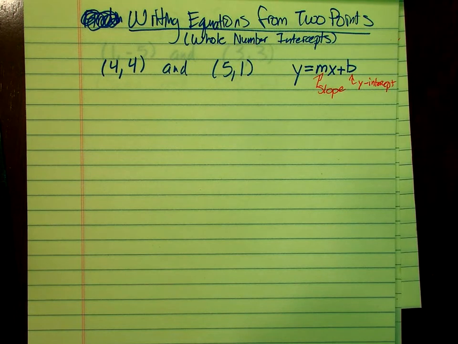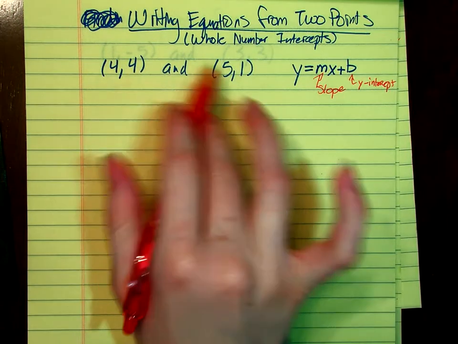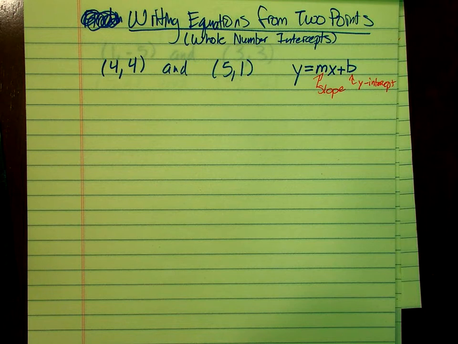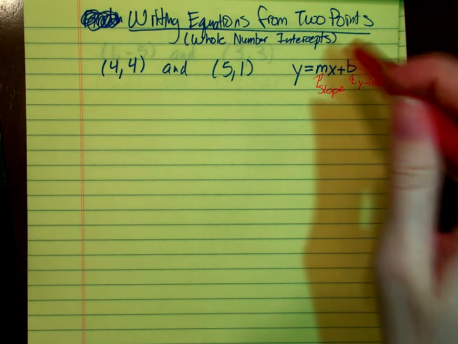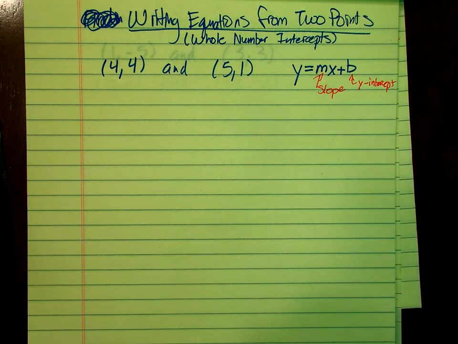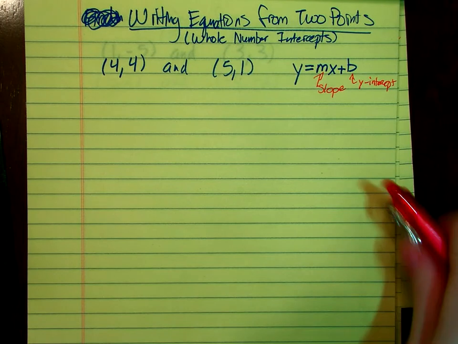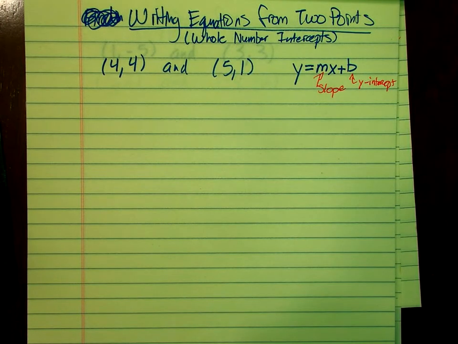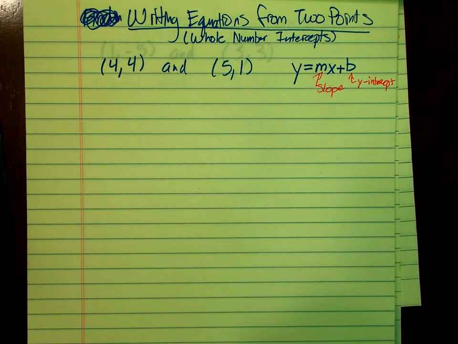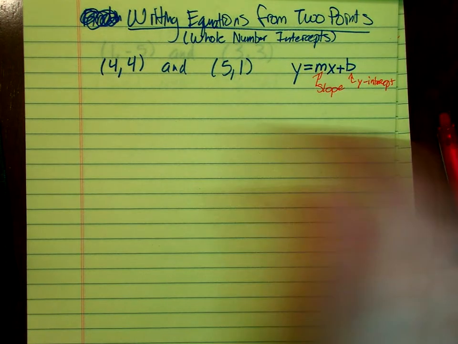You need both. Now, if we're given 2 random points and one of those points is not the y-intercept, this means I have to solve for both. Now, if you get lucky and one of these points is a y-intercept, good to go. All you need to do is solve for slope. But in all these cases I'm going over, we need to solve for both of them. So let's dive right into it.